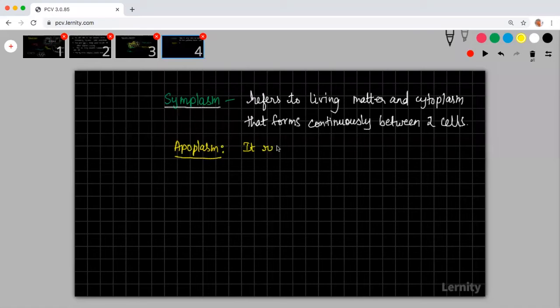It refers to non-living matter in the intercellular space between cells.